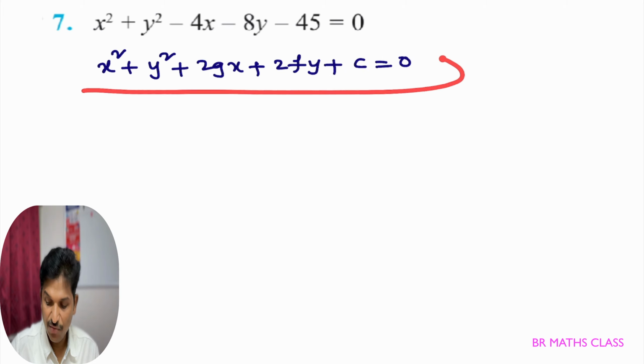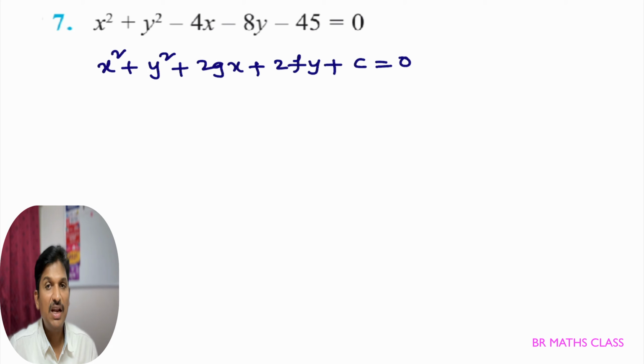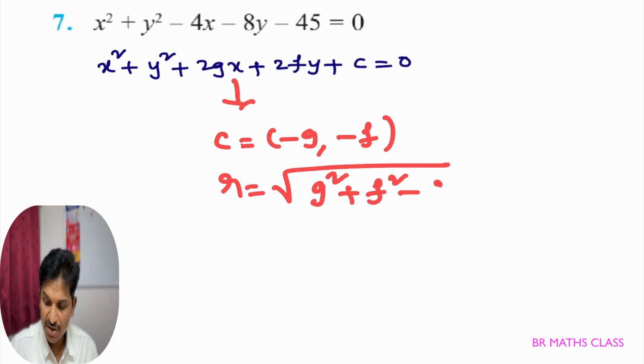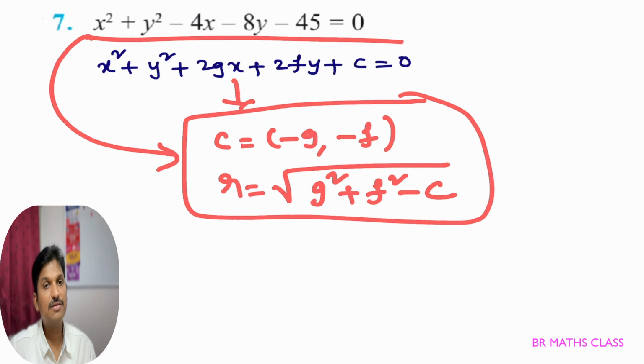While learning theory, we learned that for this, center is (minus g, minus f). Radius formula is root over (g square plus f square minus c).